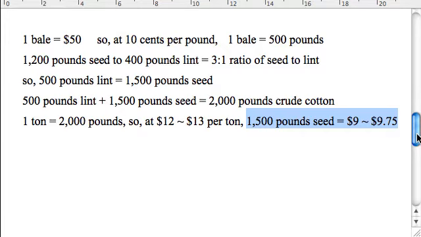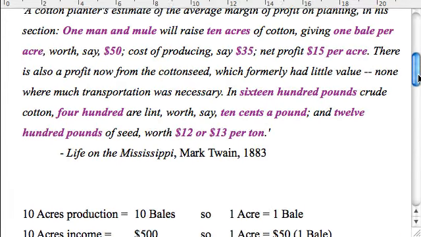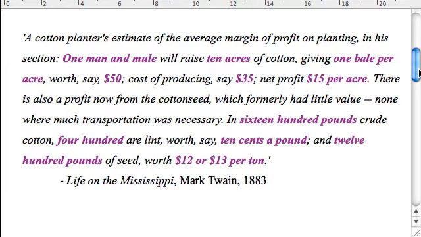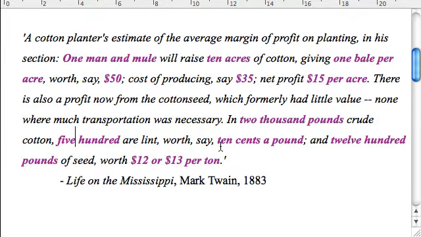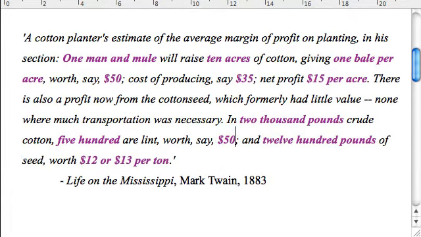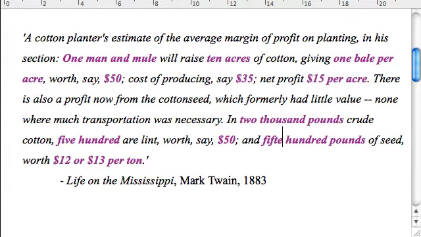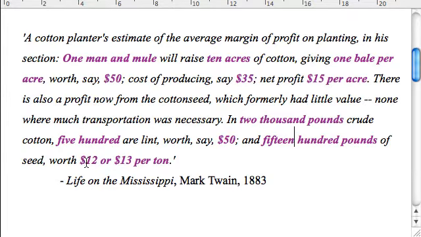So now we can go back, having done all that arithmetic, and help out our reader by going in 2,000 pounds crude cotton, 500 are lint, worth, say, $50. And 1,500 pounds of seed worth $9 or so.